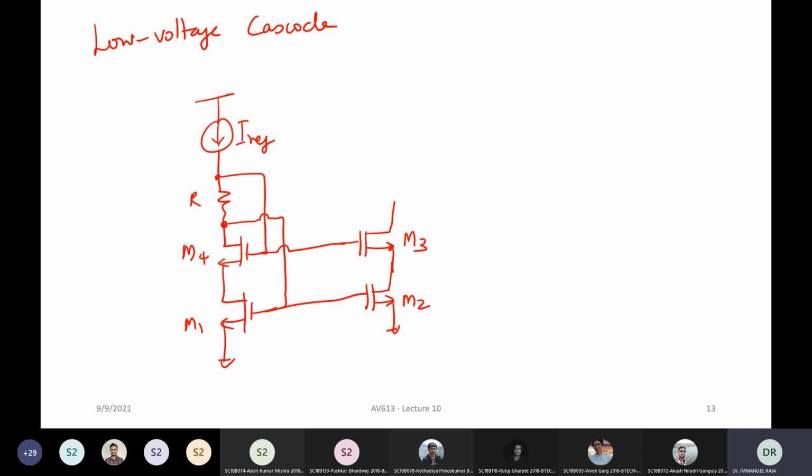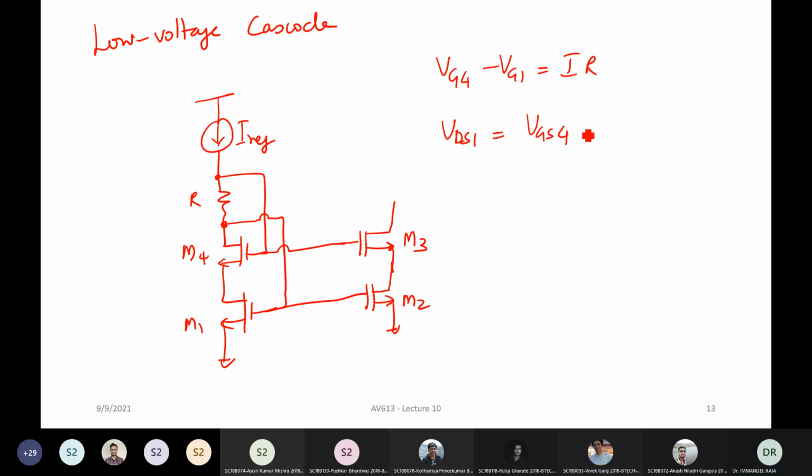So the difference between the two gate voltages, VG4 minus VG1, is nothing but IR. All right. So your VDS1 can be written as what?